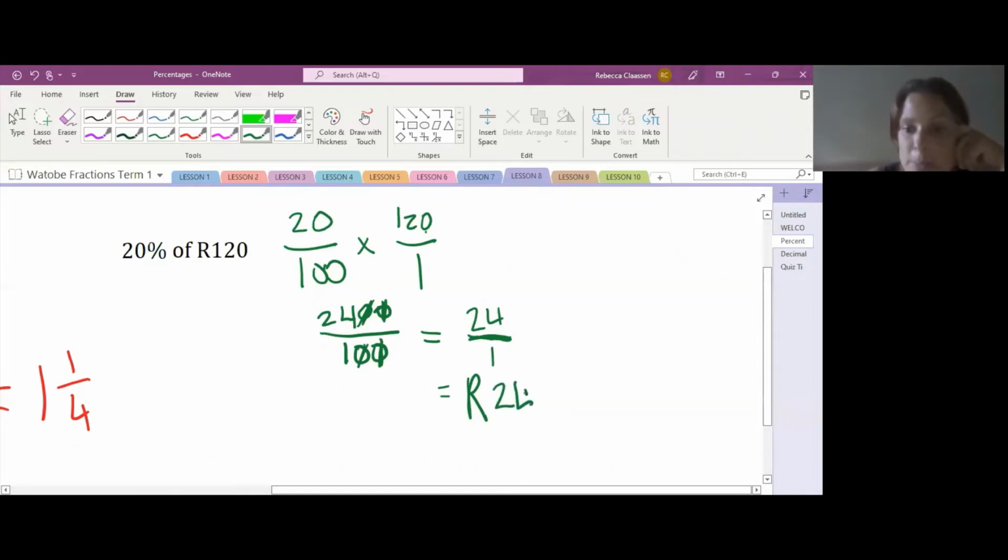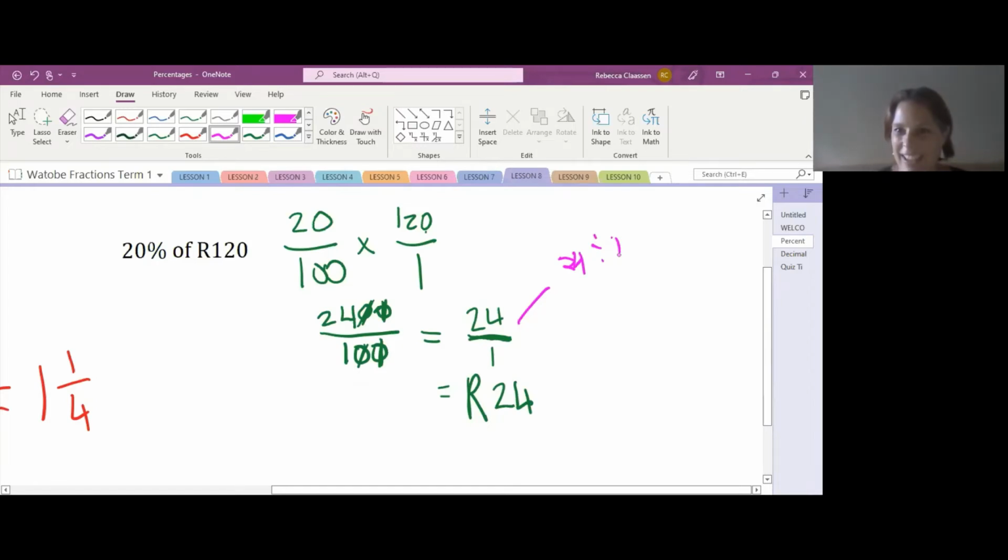Not even comma 1, just plain 24. It means you've got 24 whole rand. Because if you divide 24 by 1, you get 24. So this over here means 24 divided by 1, which is 24.